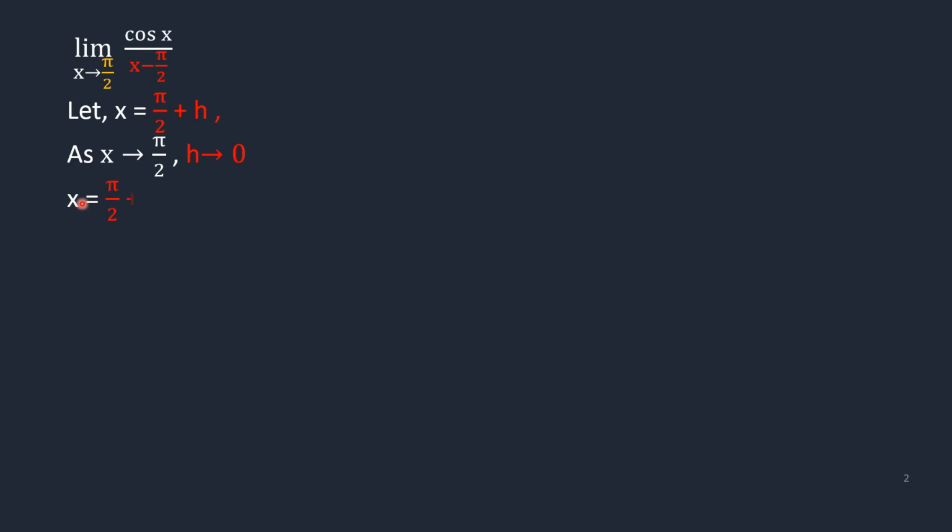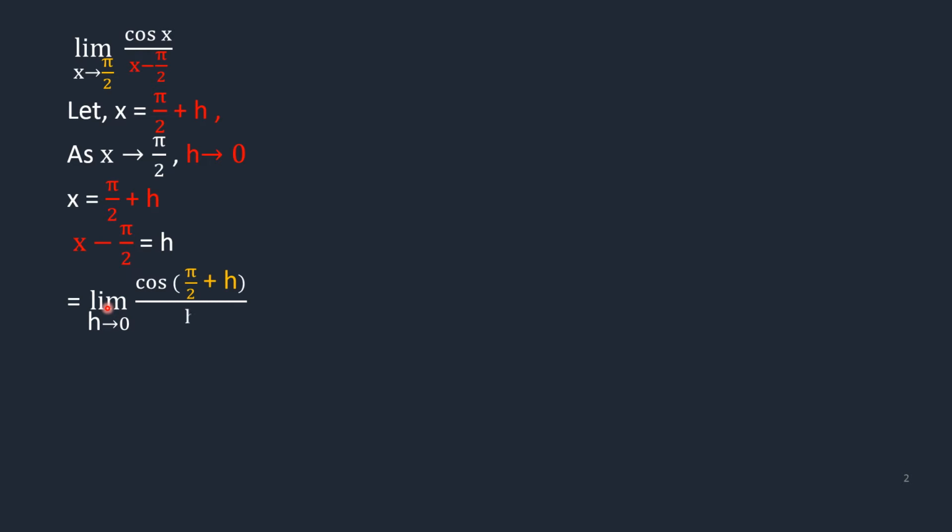We have x equals pi by 2 plus h. We will take this pi by 2 to the left hand side, so it will become x minus pi by 2 equals h. Now h approaches 0 and x minus pi by 2 equals h. These two values we will use in the next step.